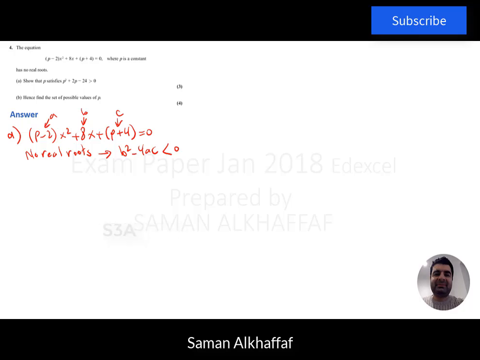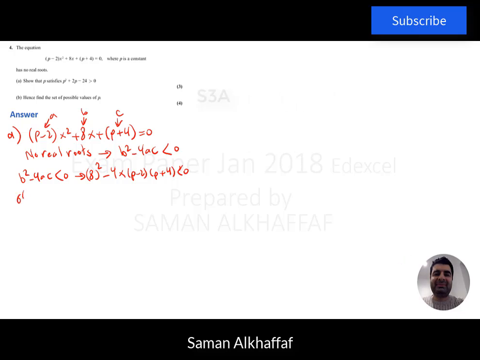Now we use b squared - 4ac being smaller than 0, which gives 8 squared - 4 multiplied by (p - 2) multiplied by (p + 4) being smaller than 0. Now we will simplify this expression.